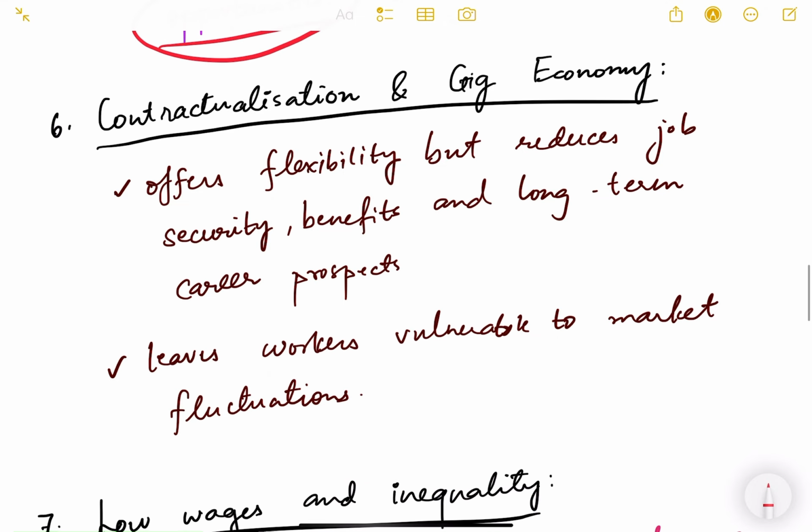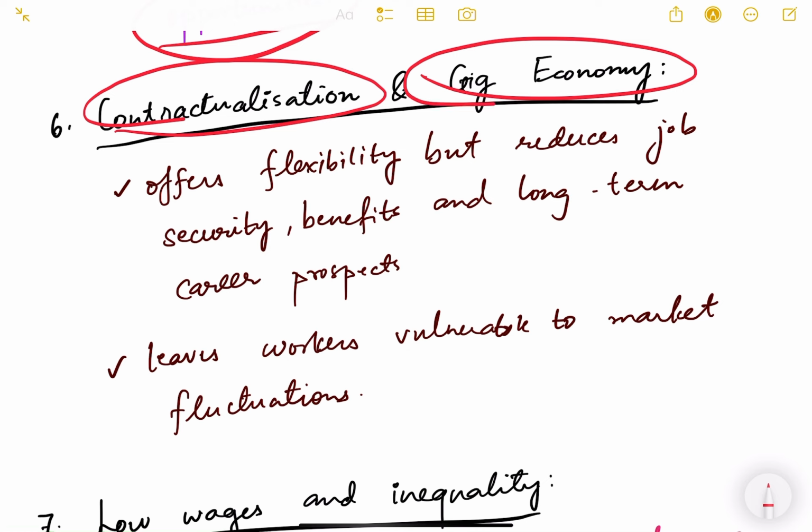Then the next one is contractualization and the gig economy. This particular characteristic of contractualization or gig economy offers flexibility, but it reduces job security, benefits, and long-term career prospects.